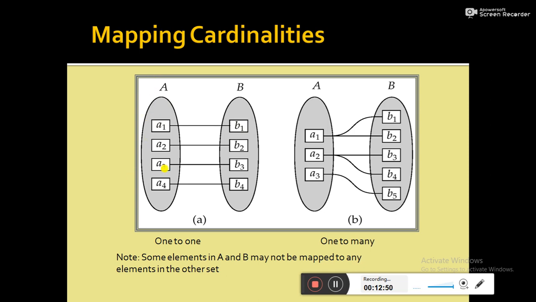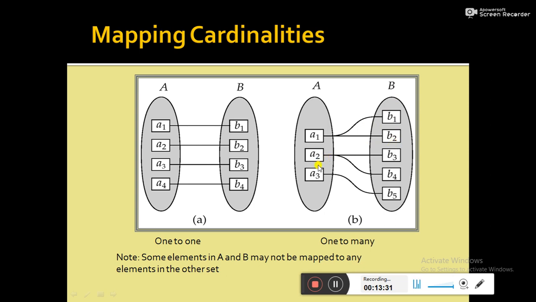So this is one-to-one. Next, move to one-to-many. This is an example of one-to-many. One-to-many means an entity in A is associated with any number of entities in B. Any number means 0 or more, and an entity in B, however, can be associated with at most one entity in A. So in this example, the A1 entity in the entity set A can be associated with many entities in entity set B. Here A1 is associated with B1 as well as B2.